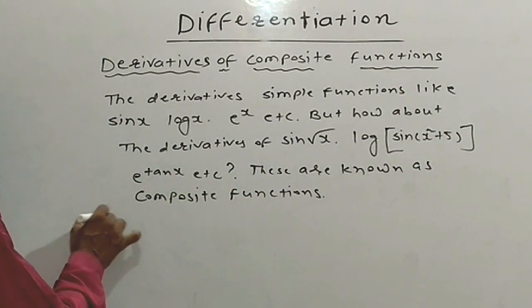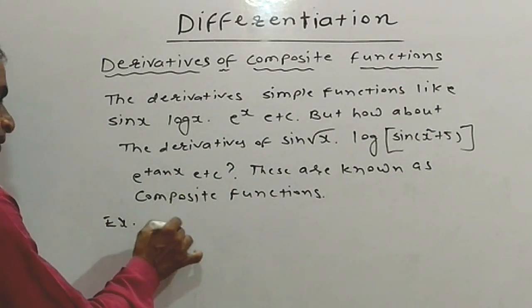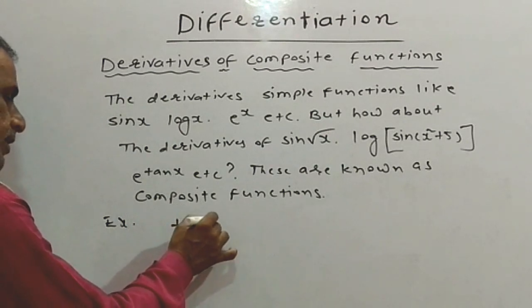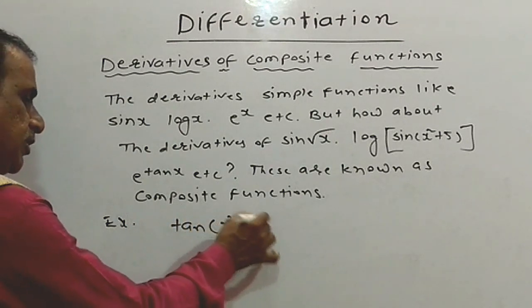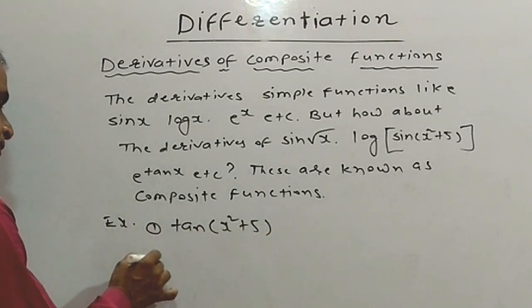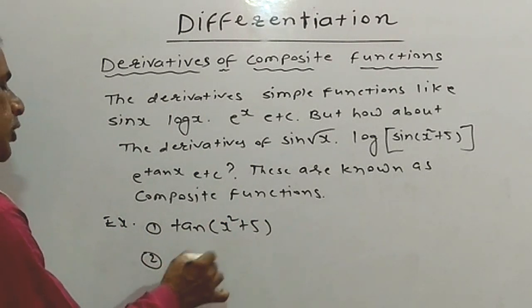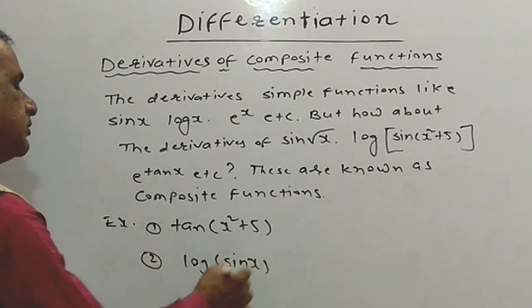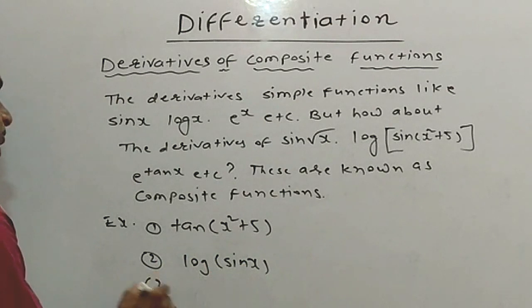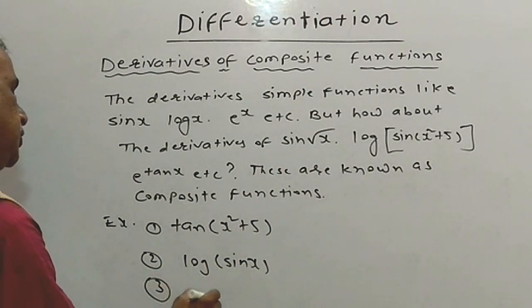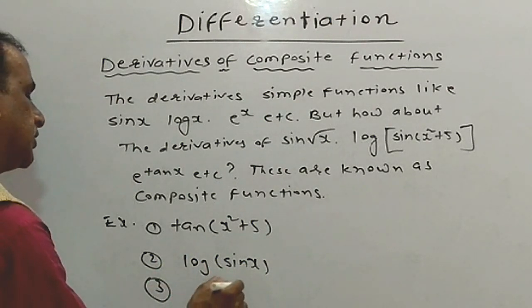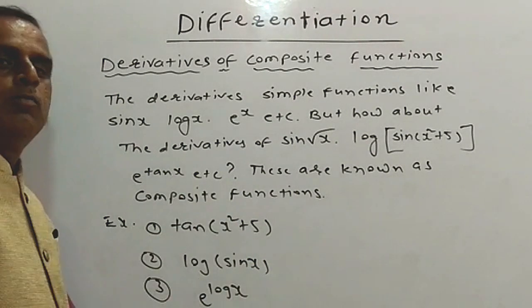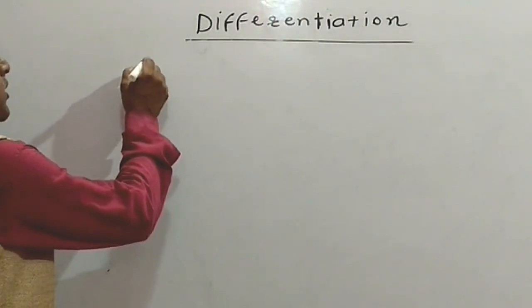For example, 10 into x square plus 5, log into sin x, and third, e to the power log of x. These are composite functions.